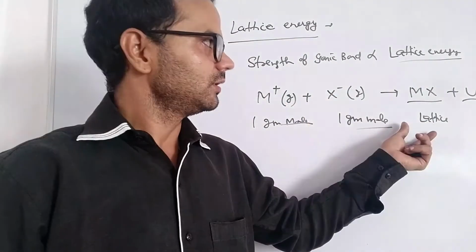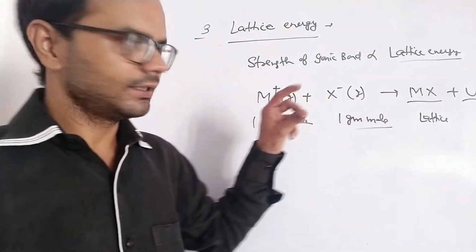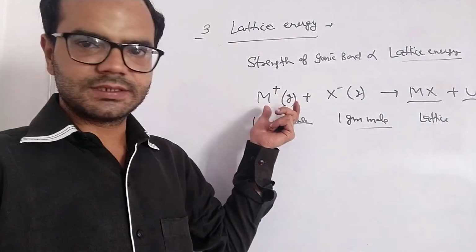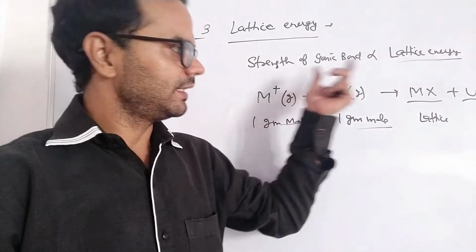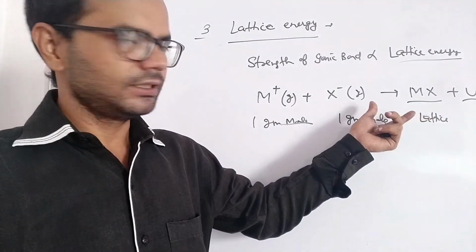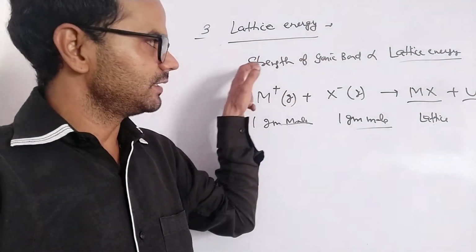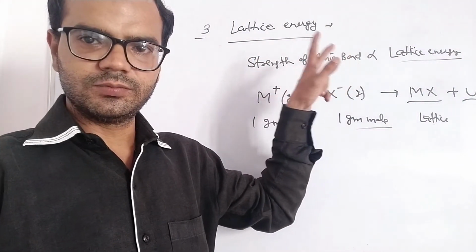Make sure that atoms must be present in a gaseous state. As a result, a solid lattice is formed. Right? So the higher the lattice energy, the higher the strength of an ionic bond.